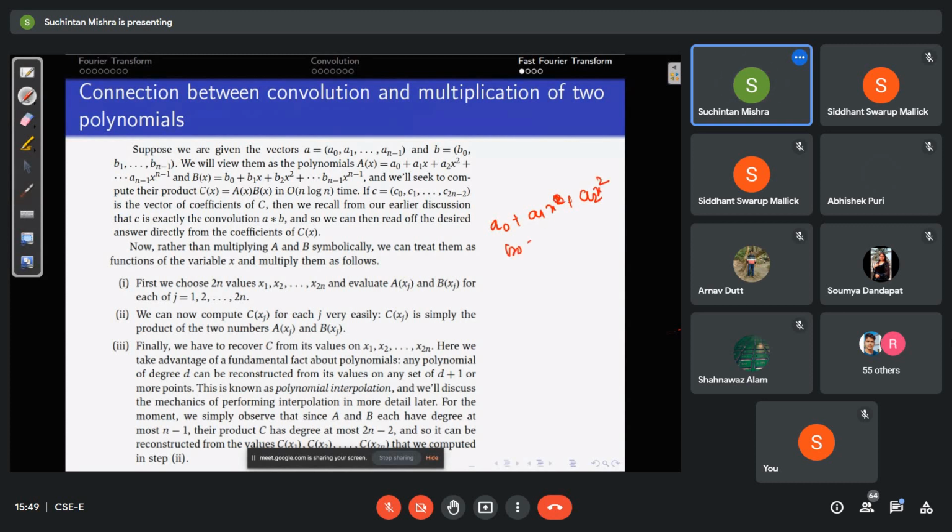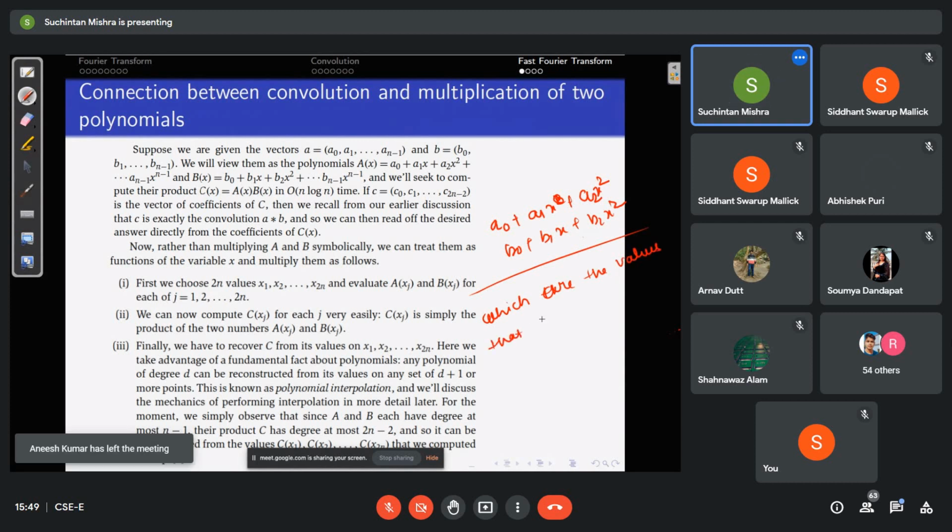Given these 2 polynomials, what are the values that can solve A and B?